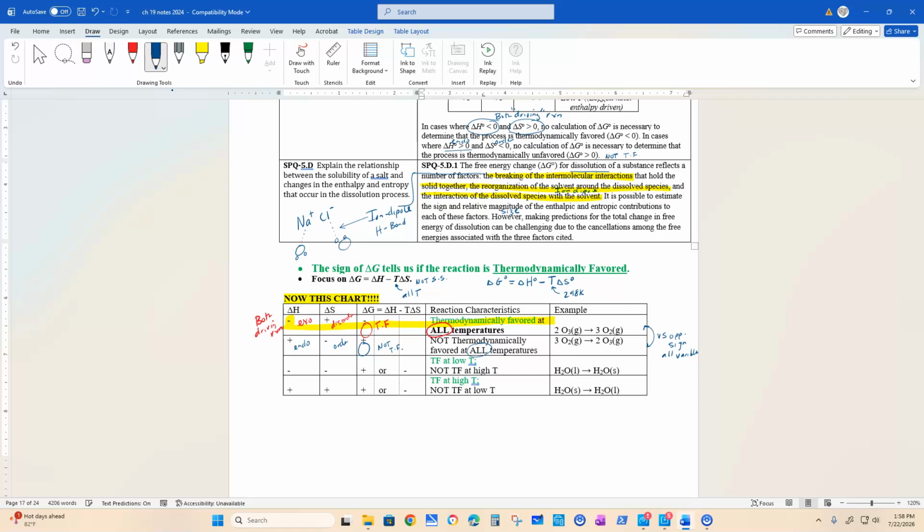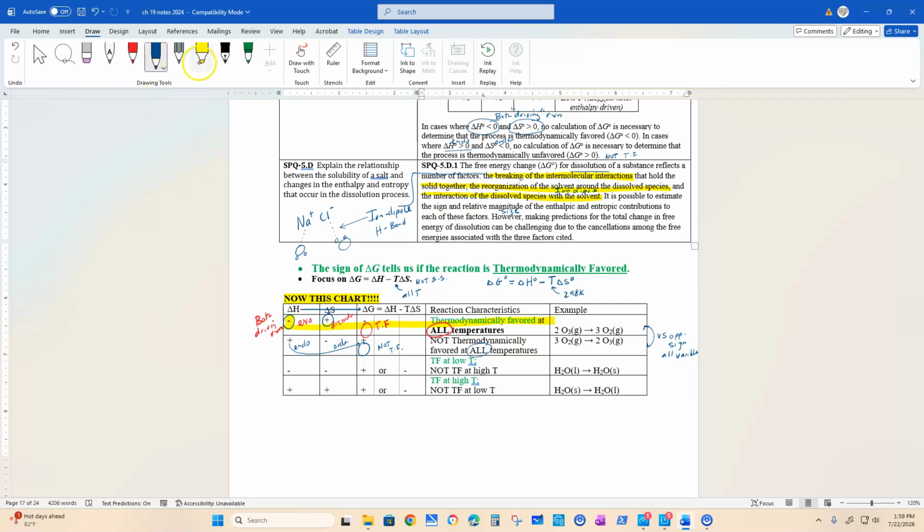So if my H and my S are opposite signs, I know my H is correlated to delta G. If my H is negative, I know my delta G is going to be negative as long as delta S is positive. It's a trick that I use, so I don't need to memorize the second one because I just know it's opposite. If H is positive and S is negative, then this H is correlated to that delta G, which means it's also going to be positive.